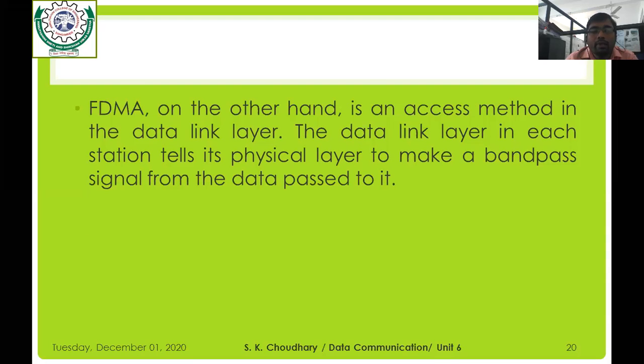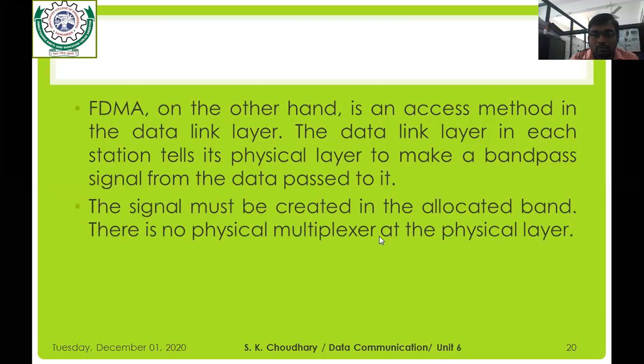But FDMA, on the other hand, is an access method in the data link layer. The data link layer in each station tells its physical layer to make a band pass signal from the data passed to it, and the signal must be created in the allocated band.